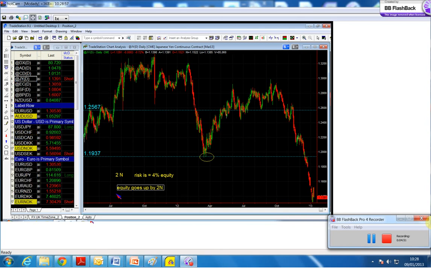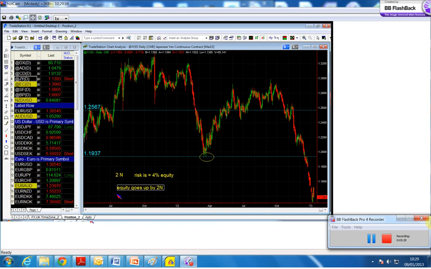So if you started your account with 1,000, that's your N. Once your account goes up, your whole equity, not the money that you have in the account, your original equity, goes up 2%. So if you started with 100,000 and you put 1,000 in the trade, and now you are up 1,000, your gross equity is up 1N.